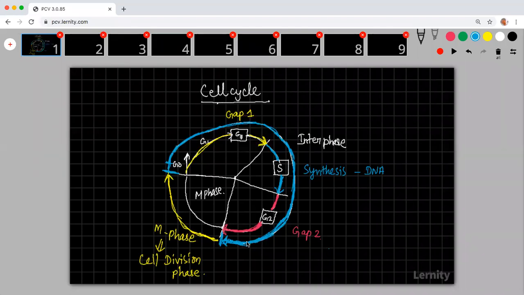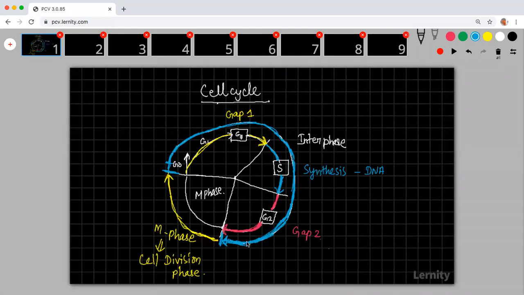So is the cell cycle regulated? Will it happen just like that? Or is it regulated? If I'm asking a question, it is regulated. Cell cycle cannot happen just like that. It should be carefully done. What is the meaning of regulated? It cannot happen haphazardly.